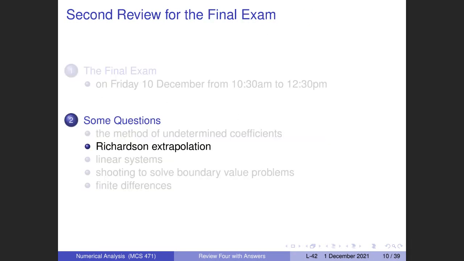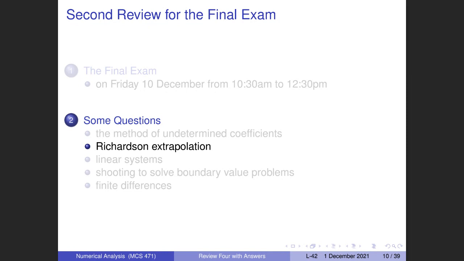Let's move to the second question. The second question is on extrapolation. We've seen 2 ways of extrapolation to compute numerical derivatives, and we have seen the application of extrapolation to do integration, to speed up the composite trapezoidal rule. So it's important to know, if your second question comes, what you have to apply.